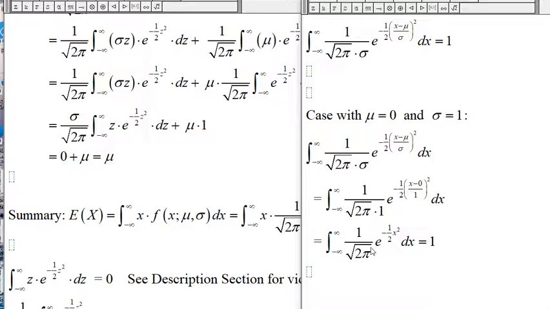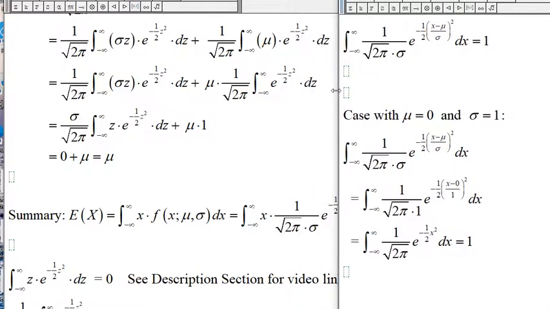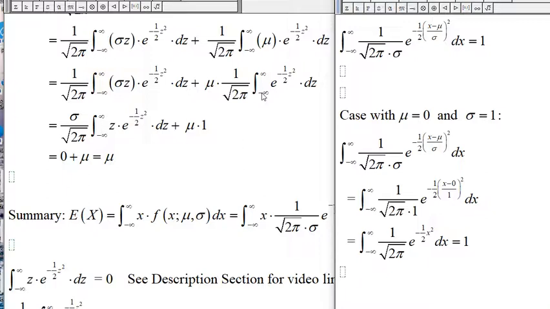Instead of here where the integral is in terms of x, here this integral is in terms of z. So the integral from negative infinity to positive infinity of e to the negative 1/2 z squared dz, times 1 over the square root of 2 pi, is 1.